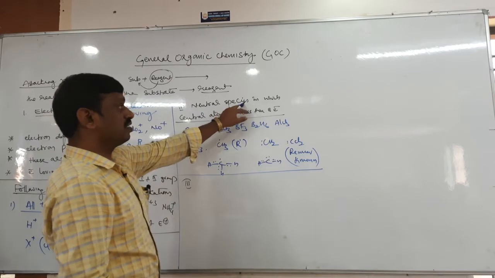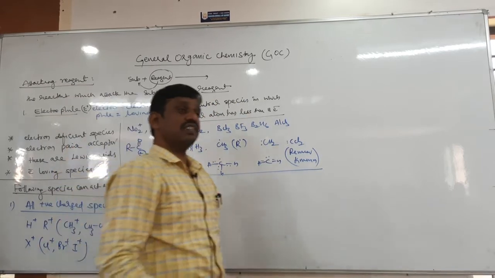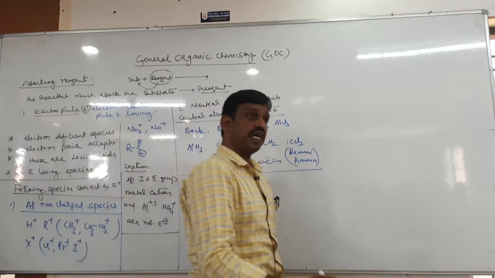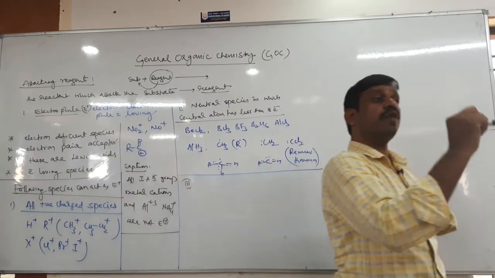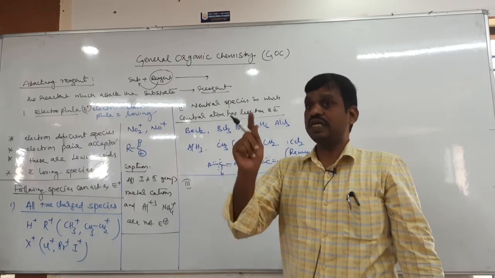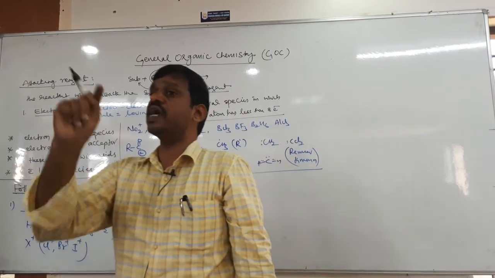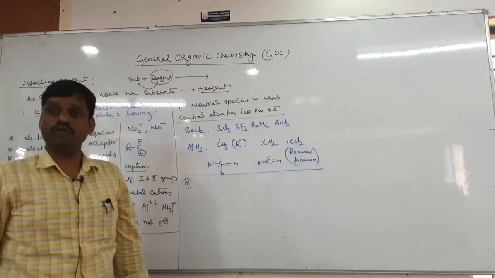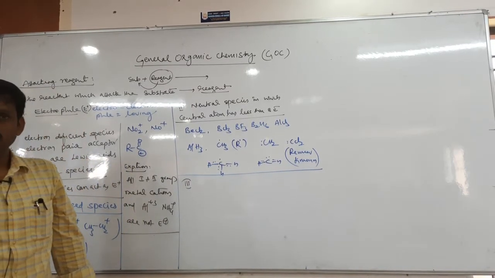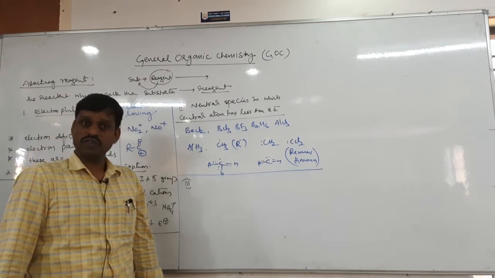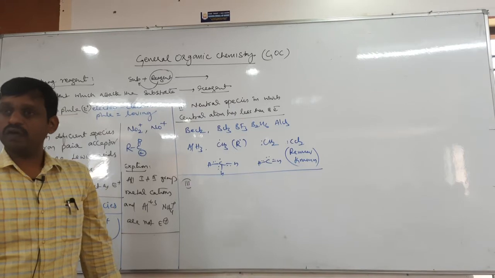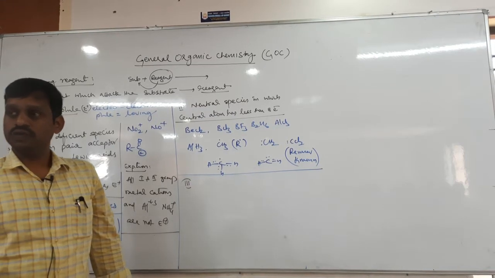You have to identify. Next, the third category is neutral species. They take electrons, but there are some neutral species having vacant d orbitals. Right. The neutral species in which the central atom has a vacant d orbital can also act as an electrophile. For example, particularly d block elements, transition element compounds, like FeCl3, titanium tetrachloride, ZnCl2, right?